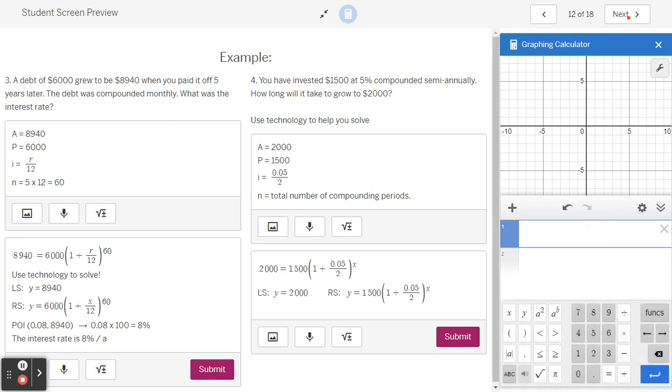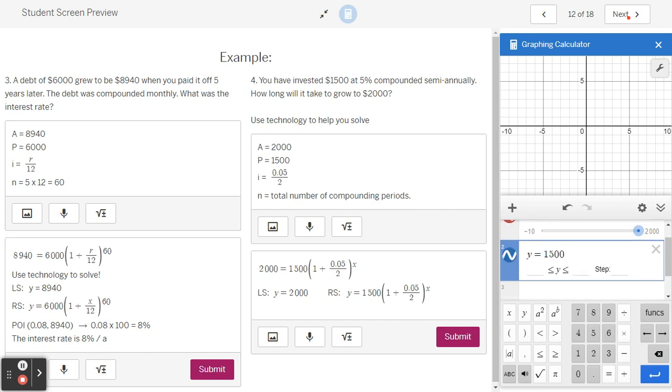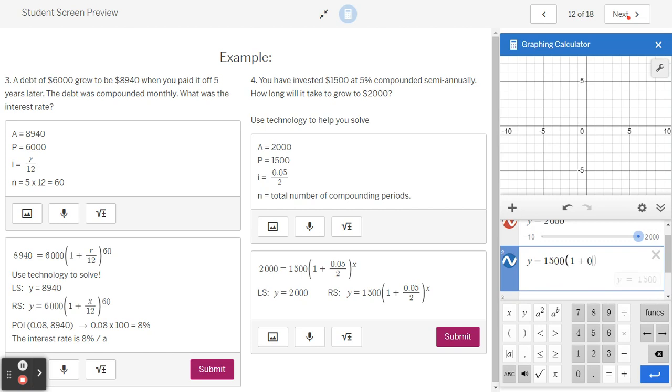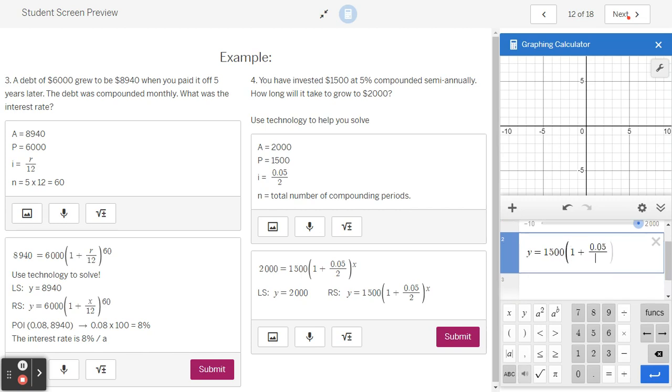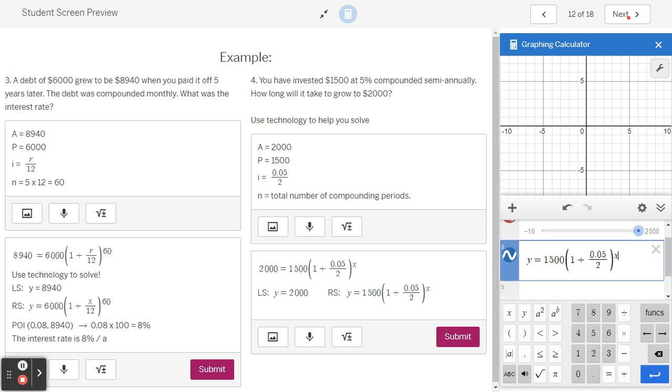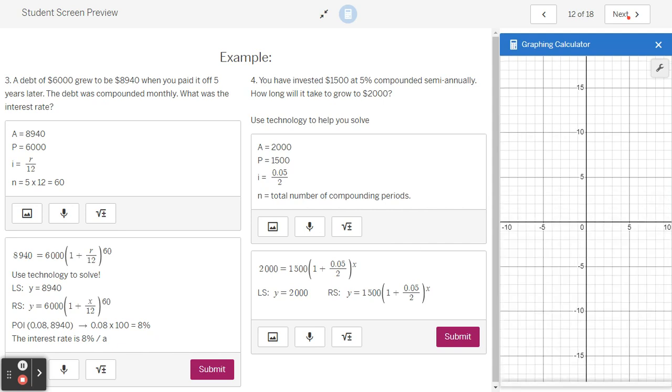Okay, let's start a graph. y is equal to 2,000. Second graph, y is equal to 1,500 times (1 plus 0.05 divided by 2) raised to the power x. Now, I don't see anything on this graph because the numbers are too big for me to see in here.